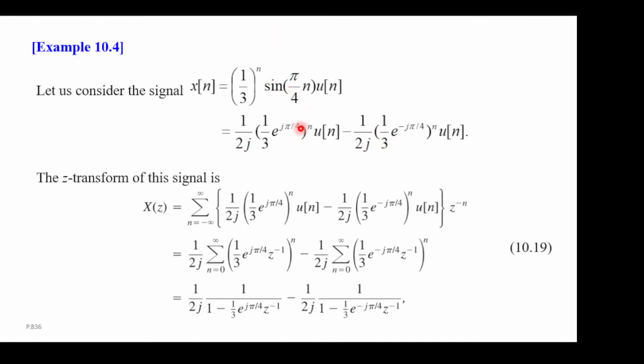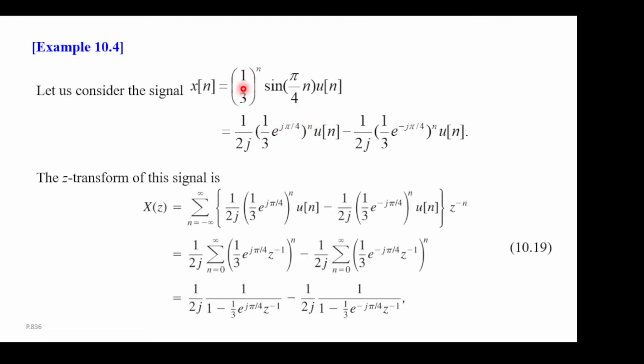And this exponential, e to the j pi over 4 n, is also e to the j pi over 4 to the nth power.